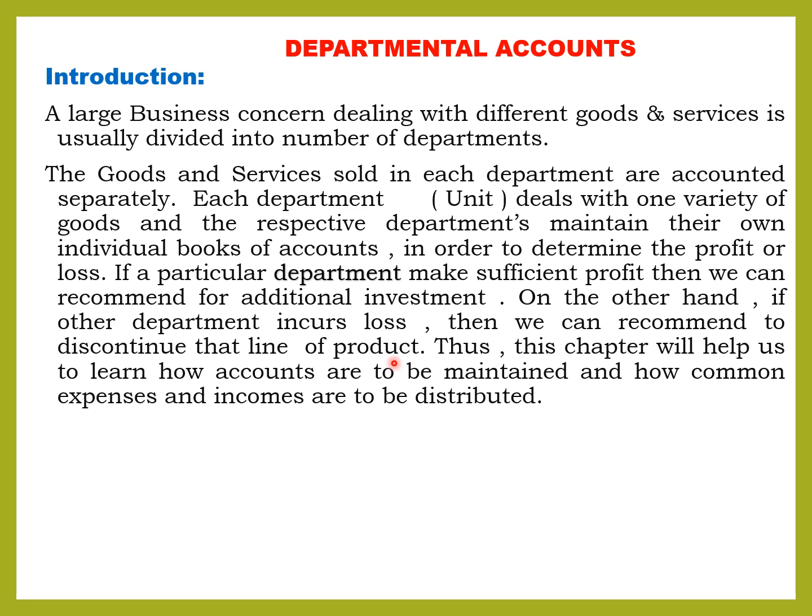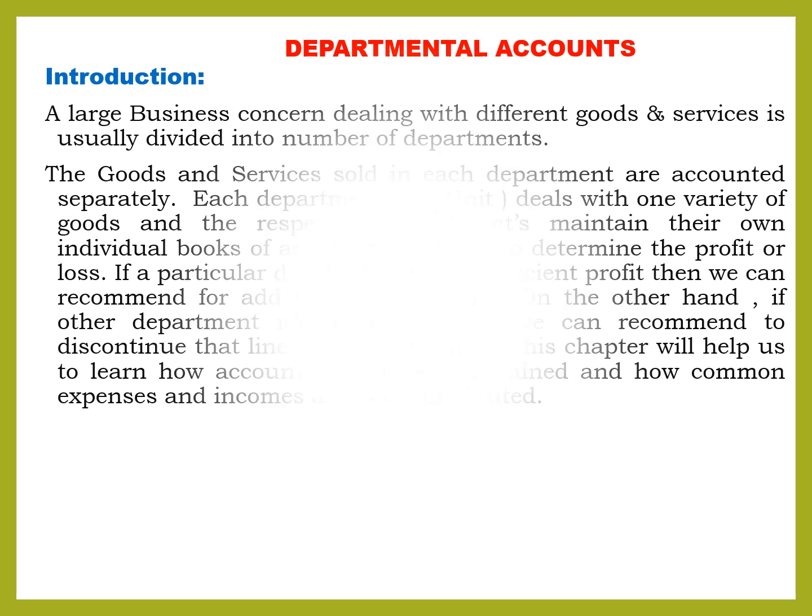Loss making departments are a burden and a liability, and have no place to continue in the business. So, by maintaining departmental accounts, we will come to know which department incurs loss and which department makes profit.